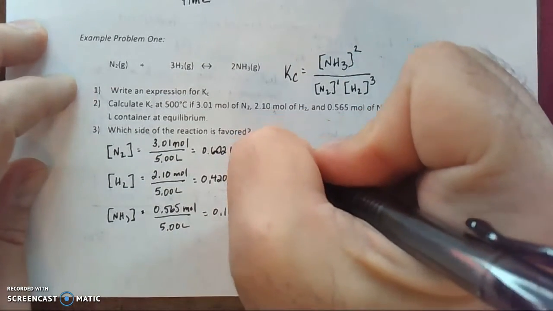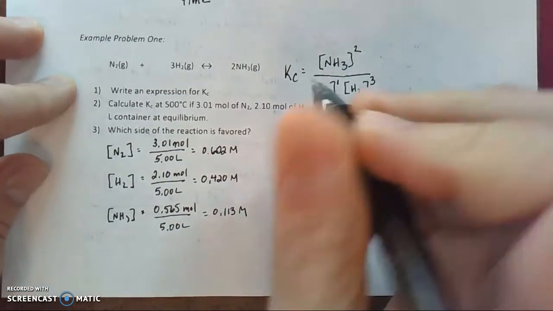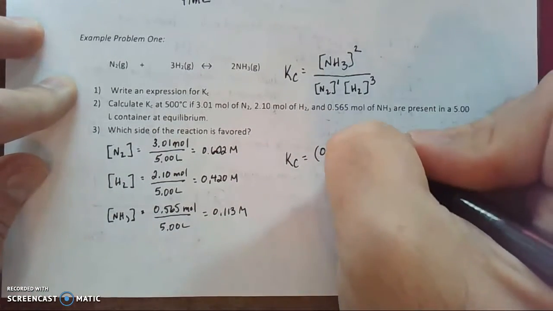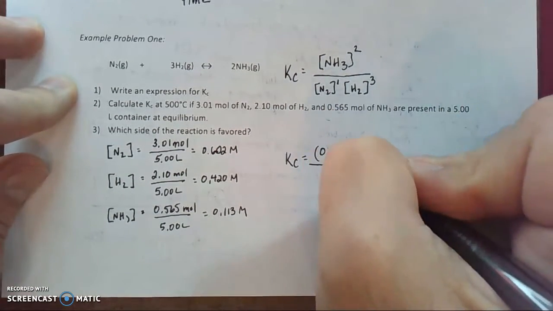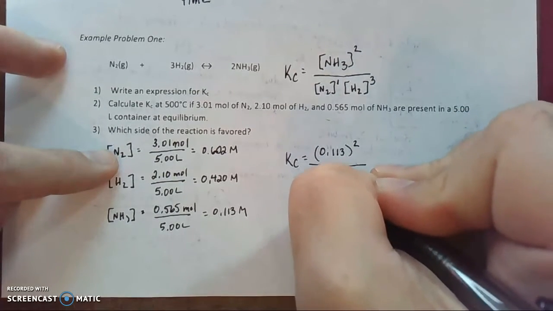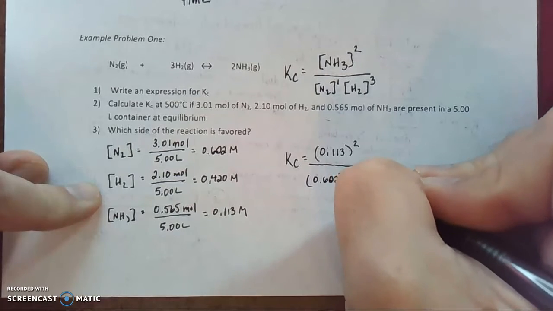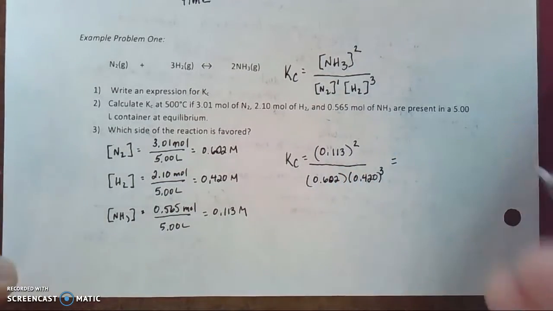So Kc is going to equal 0.113, which is our NH3 concentration, squared over N2, 0.602, times H2, 0.420 to the third.